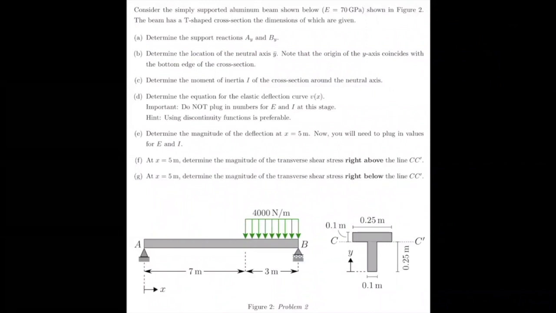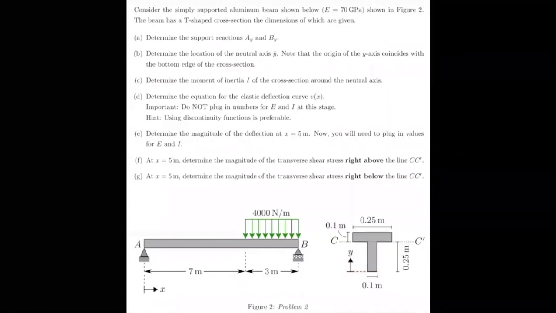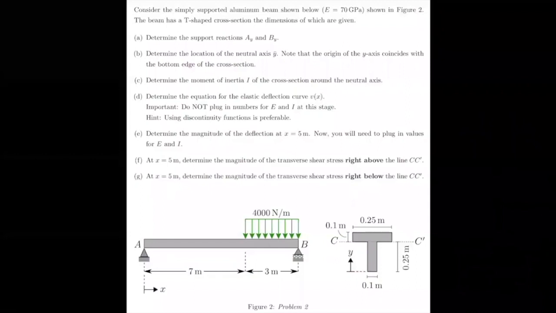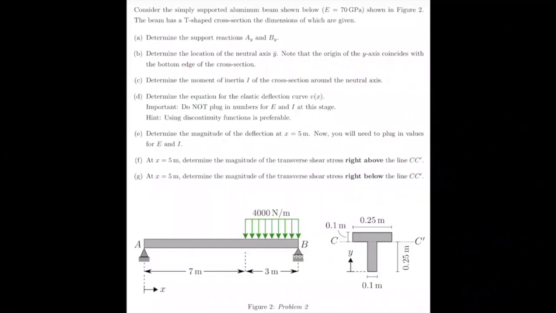Again, the coordinate system Y is given, so you are asked to calculate Y bar such that it starts from the bottom. Determine the moment of inertia I of the cross section around the neutral axis. So that's something we always need to do. Determine the equation of the elastic deflection curve.